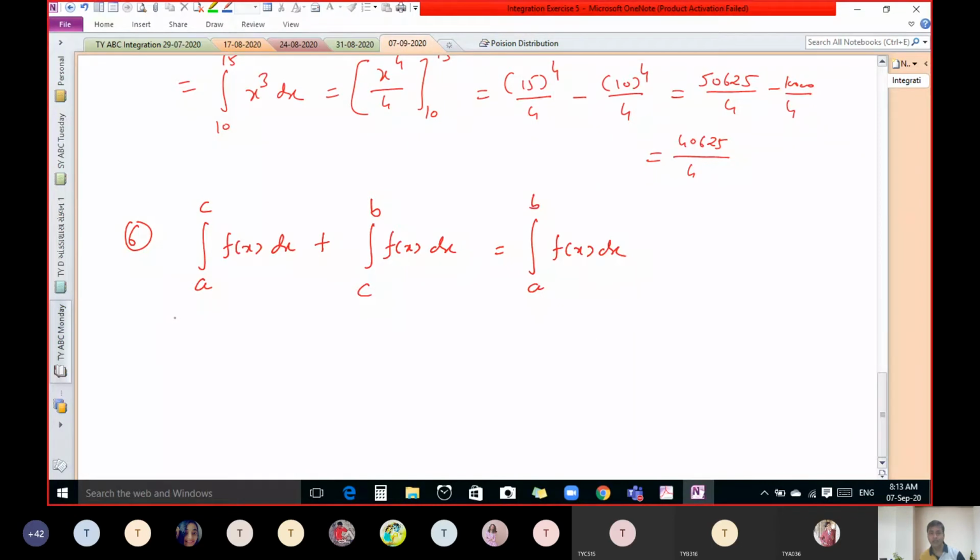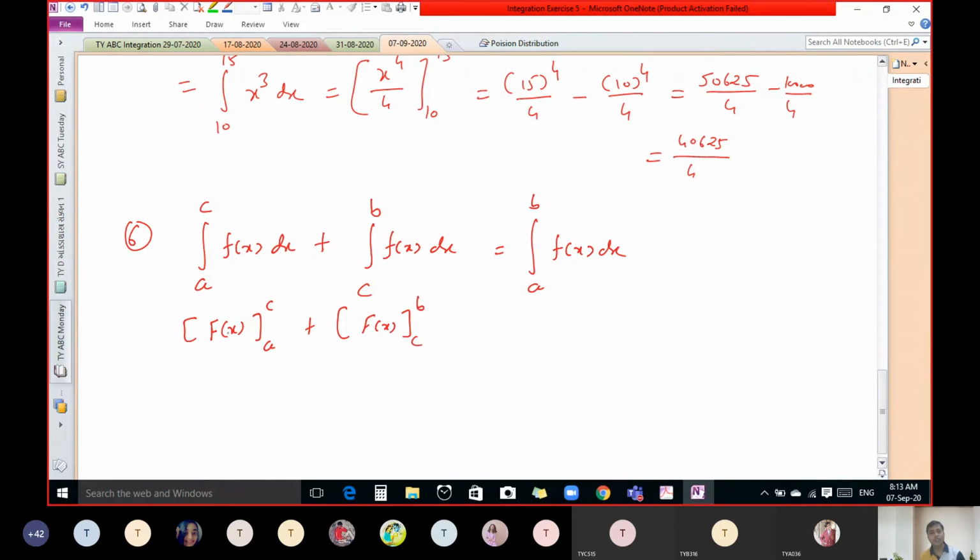You can write this. Reason is, see, if we integrate this, we get some function, and then we have to put x equal to c. So let us say the integration of that is capital F of x. So we have to write here like this, and integration of obviously this is also capital F of x, and then we have to write here c to b.